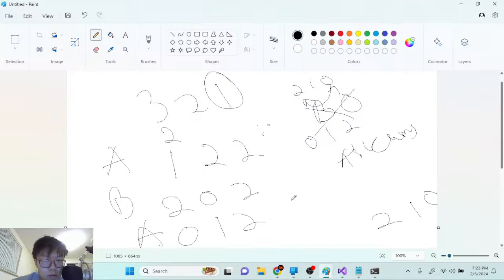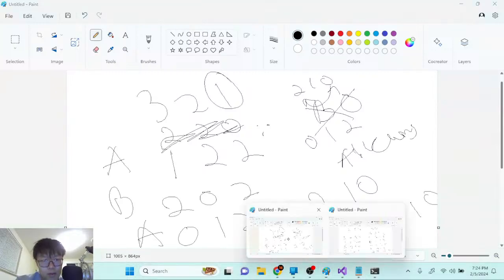Two, 2, 0. How am I gonna get 0, 1, 2? Two, 1, 0. Swap it. Because what we did before is just subtract everything by the smallest number.